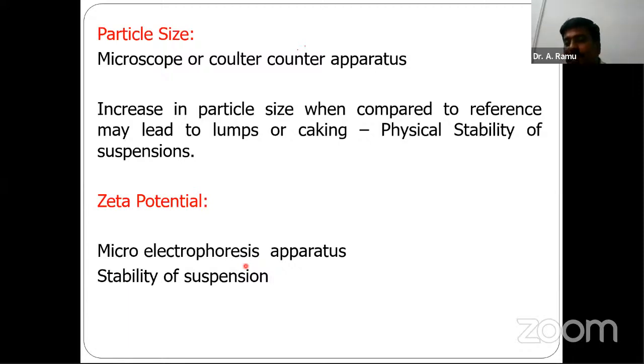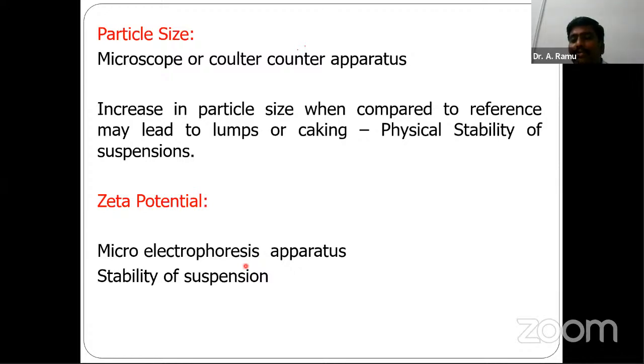By placing the stage micrometer, the eyepiece micrometer is calibrated, after which the stage micrometer has to be removed. We place a drop of diluted suspension on the glass slide and focus 100 particles over the eyepiece micrometer. You have to note the size and number of particles, and from this we can plot the cumulative frequency distribution curve, and the average particle size can be determined.